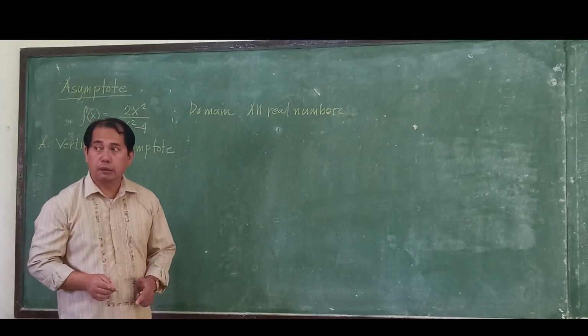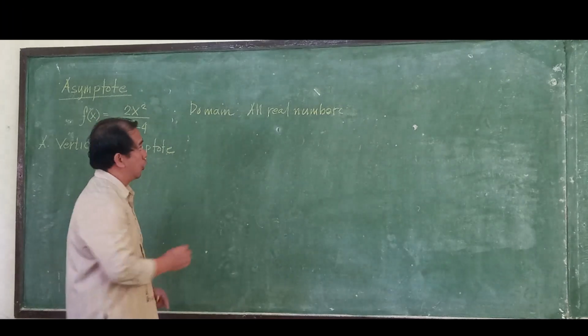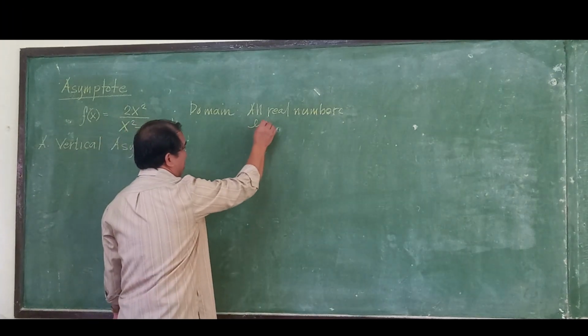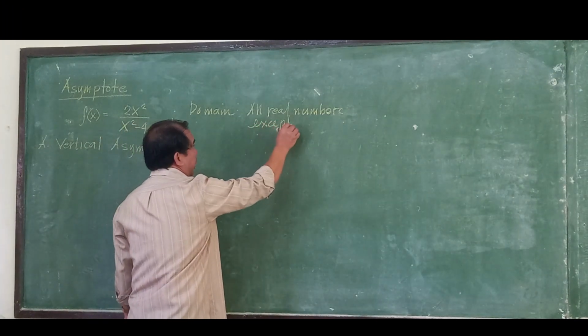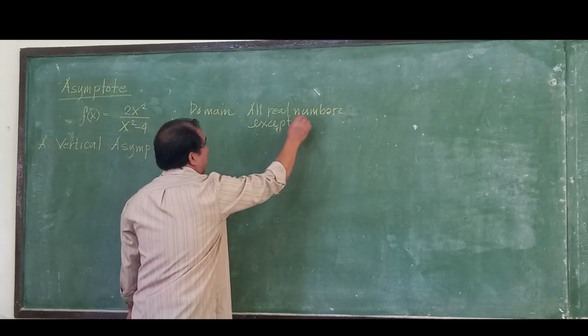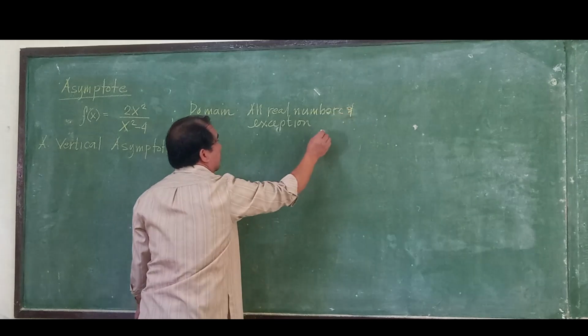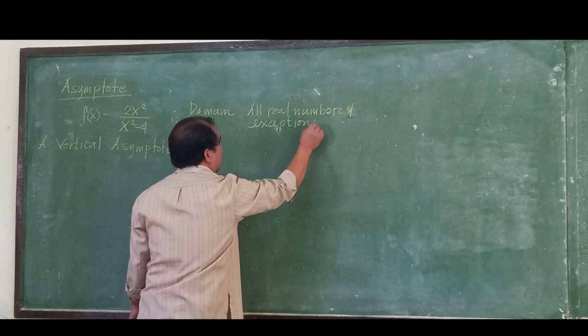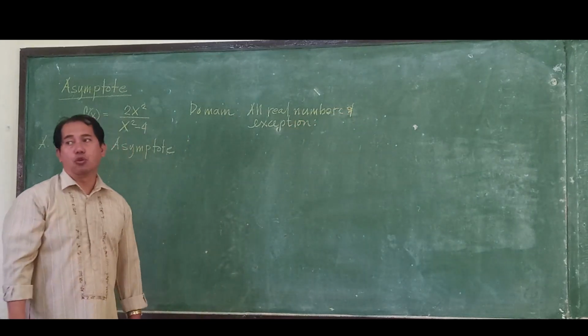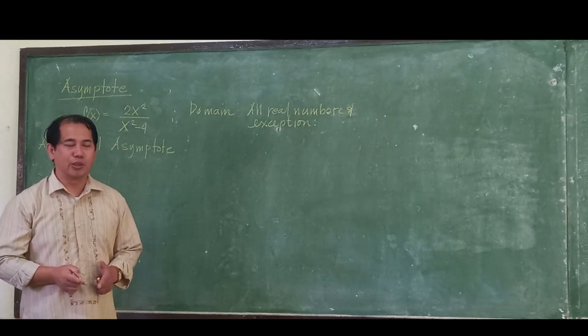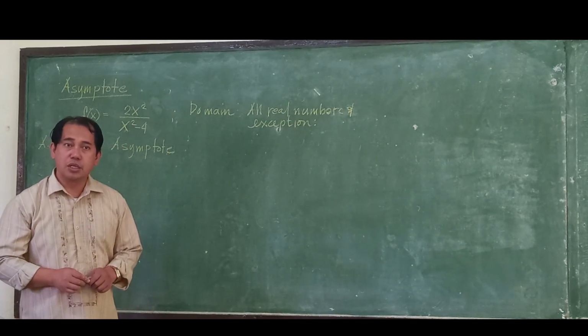You remember that? We always have the exception. So, what is the exception? Our exception is, of course, the number that will make the denominator 0.